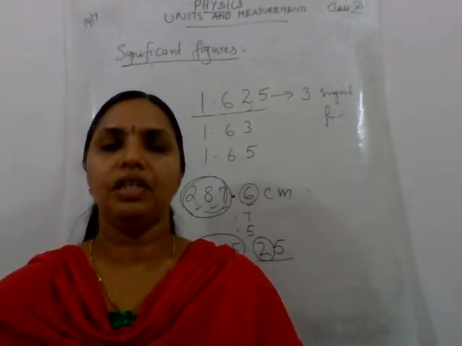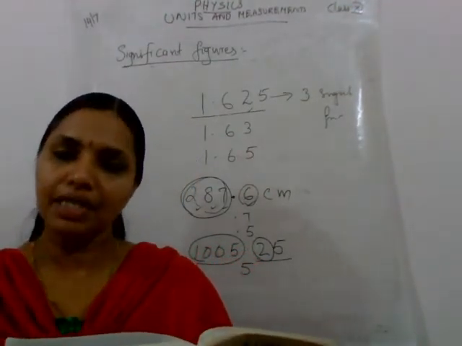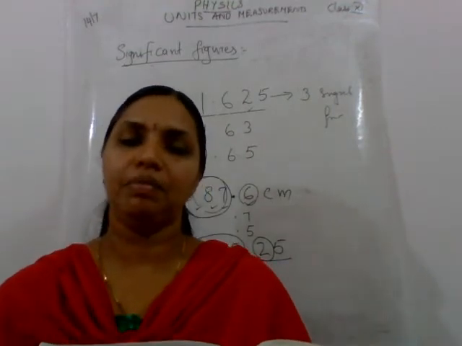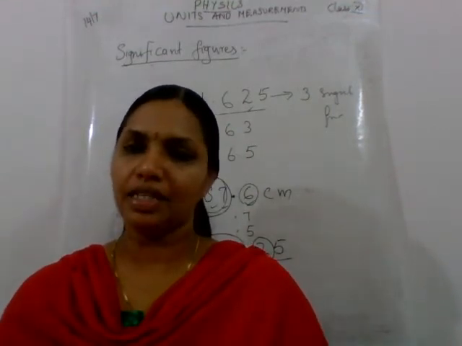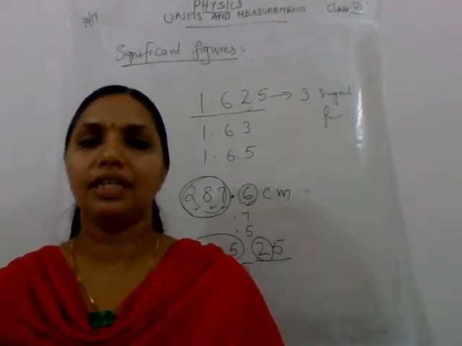Understood? So first digits are the certain, no change in that, plus one more digit, and that digit may be uncertain. That is the number of significant figures, and there are some rules.